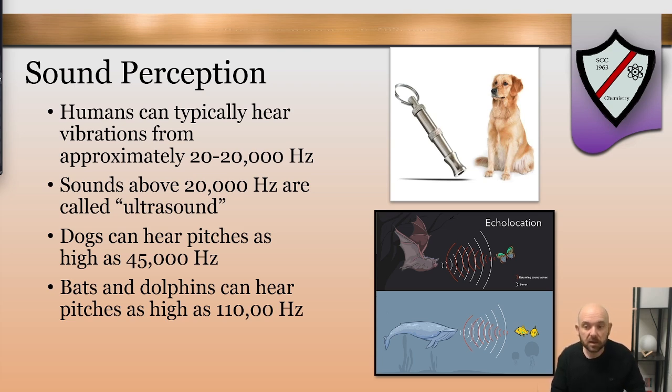Bats and a lot of sea animals, including whales and dolphins, use echolocation for either finding friends or prey in different circumstances. And those organisms can, in some cases, emit and then perceive pitches, vibrations, as high as 110,000 hertz, so 110,000 vibrations per second. So that's some pretty high quality hearing they have.